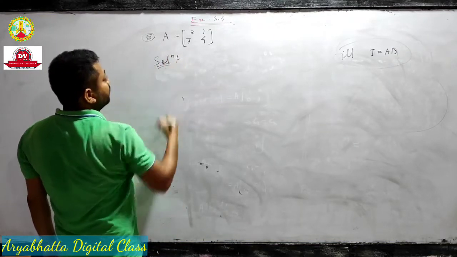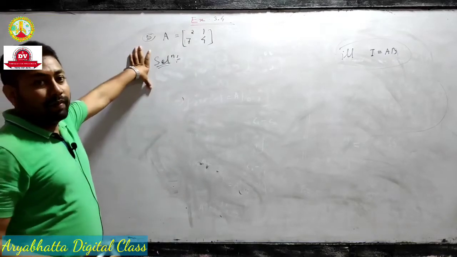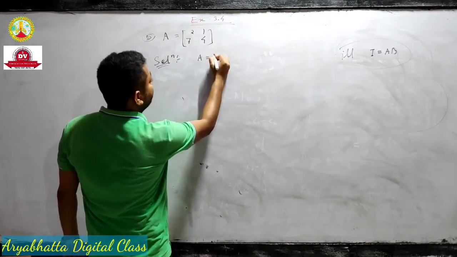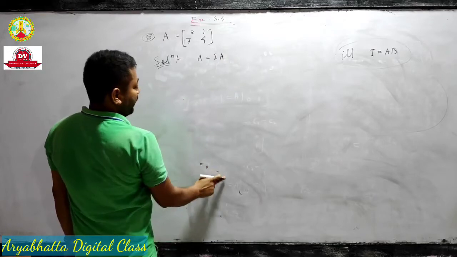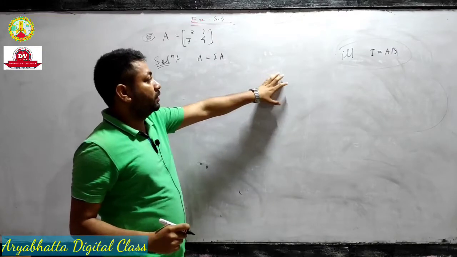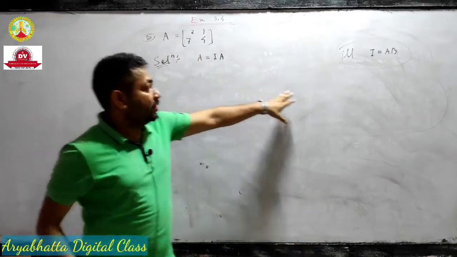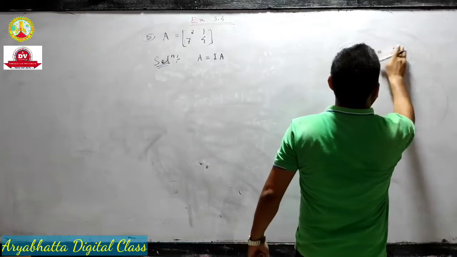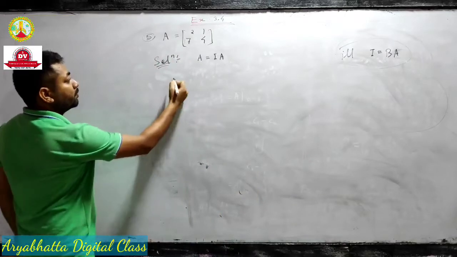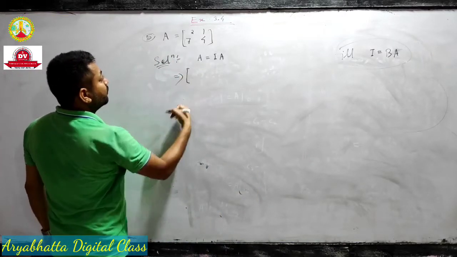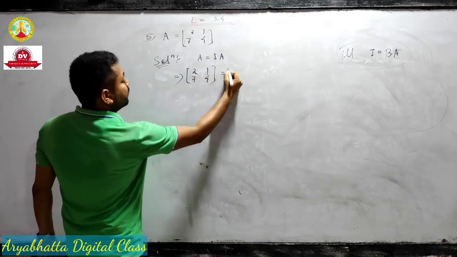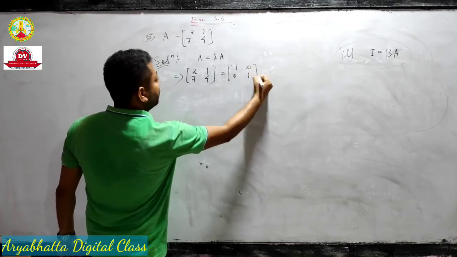We know that to find the inverse of A by using row transformations, we write A equal to IA and apply a sequence of row transformations on A equal to IA till I equal to BA. That is A equal to 2 1 7 4, which is equal to 1 0 0 1 into A.